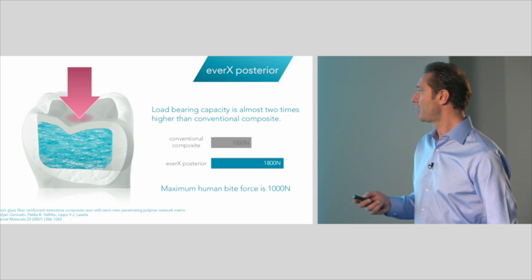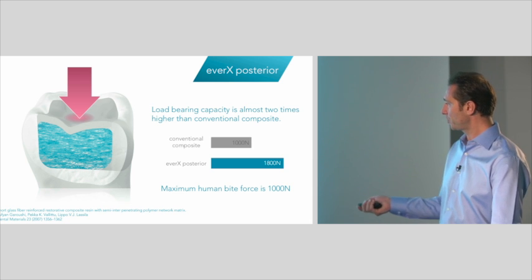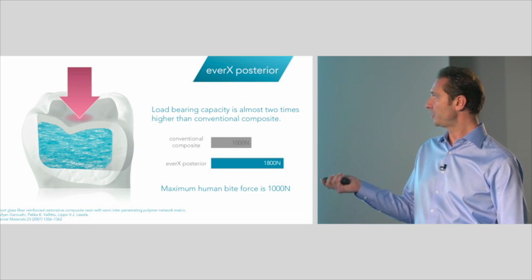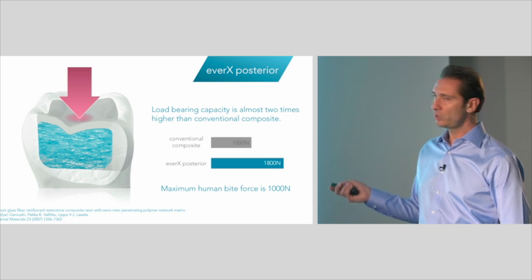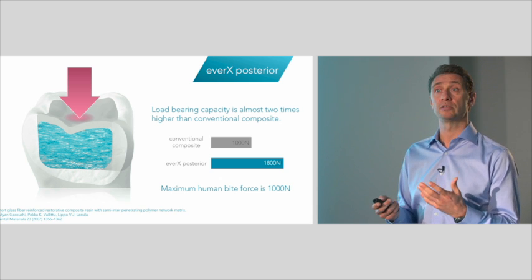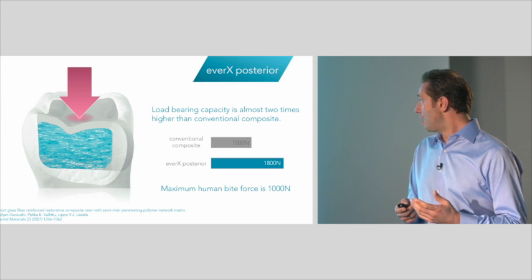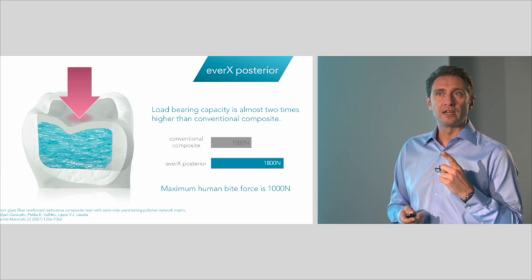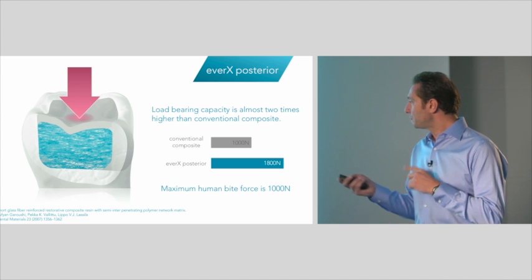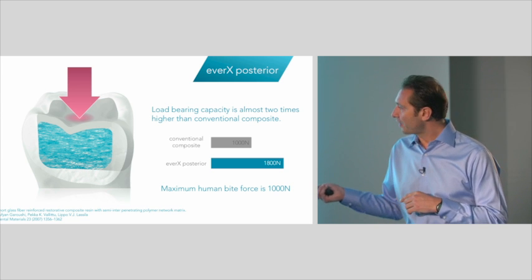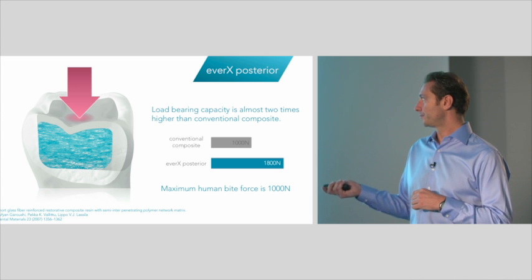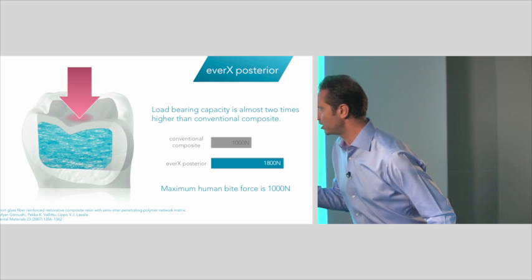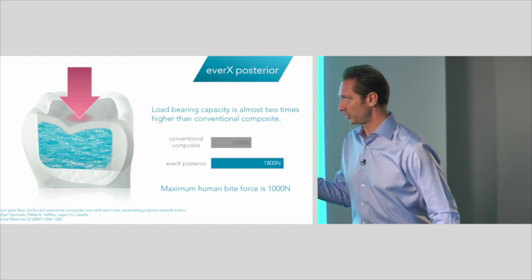Let's have a look at, okay, what is the maximum bite force? For humans, it's around 1,000 Newton. If you have a conventional composite, we are similar in resistance. The thing is that if you compare a combination of Ever X posterior, which is a base material, I forgot to tell you, but it's a base material that should be covered with another material.